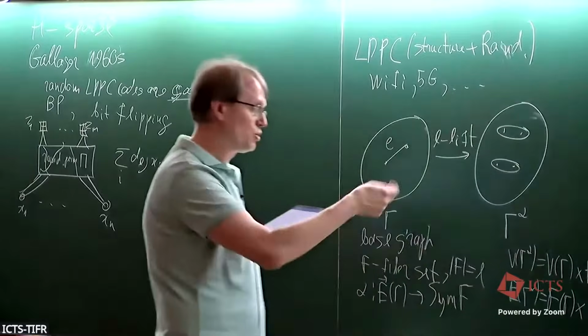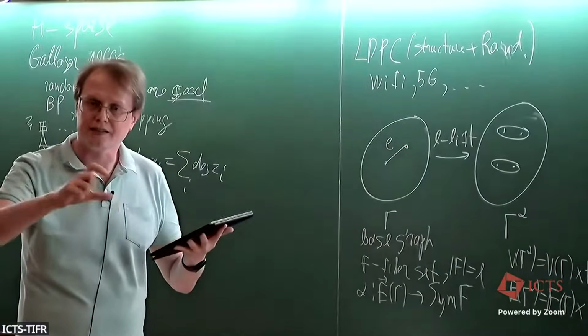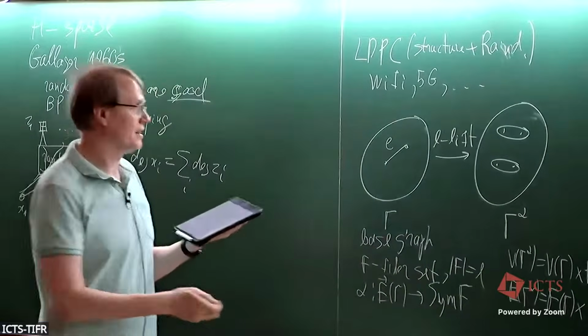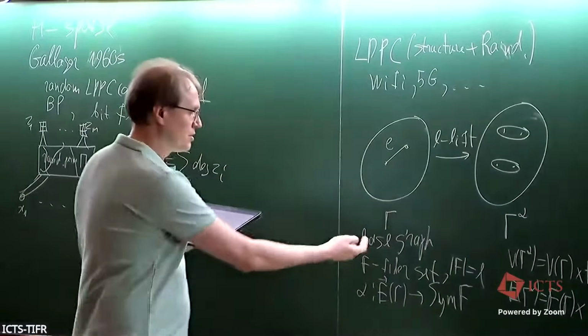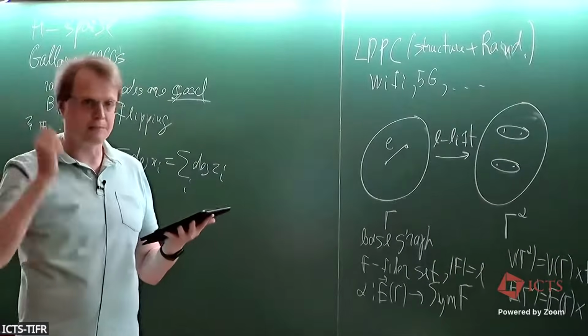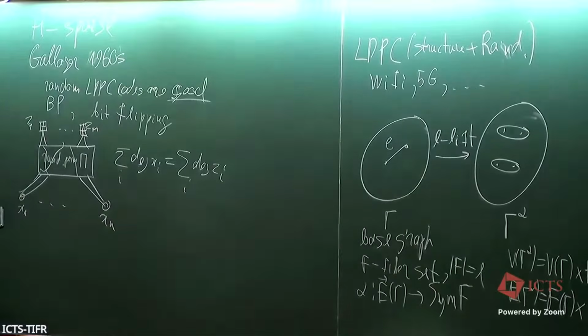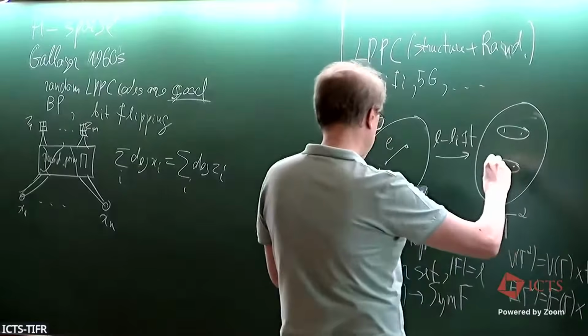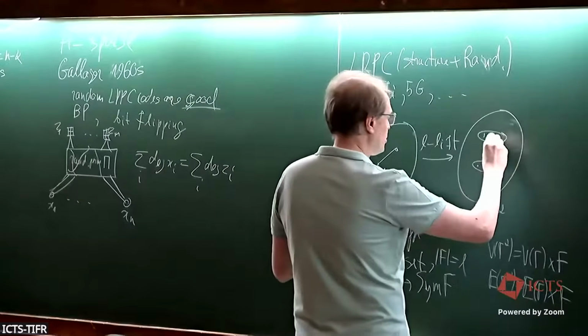But the most interesting part is how we connect edges with vertices, and this is exactly where we use these functions. Sometimes it is called labeling, sometimes it's called lifting map, different people call it differently. So here we use this permutation.